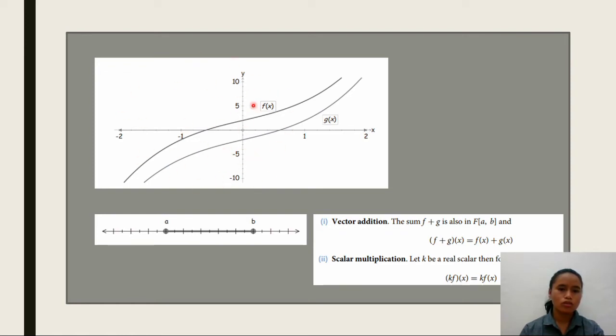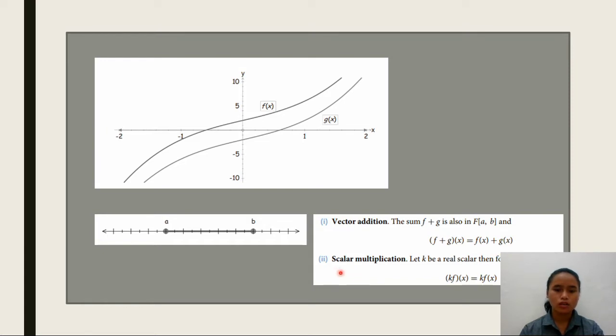this is an application in Cartesian coordinates. So this is f(x), and the interval is a and b. So for the vector addition, the sum f plus g is also in F[a,b], and (f plus g)(x) equals f(x) plus g(x).